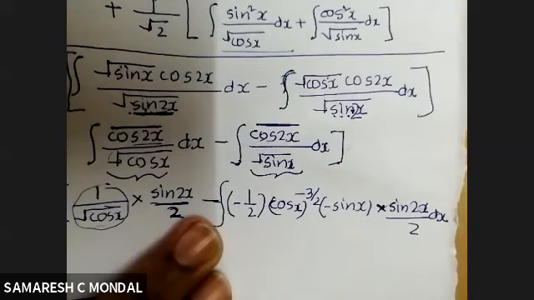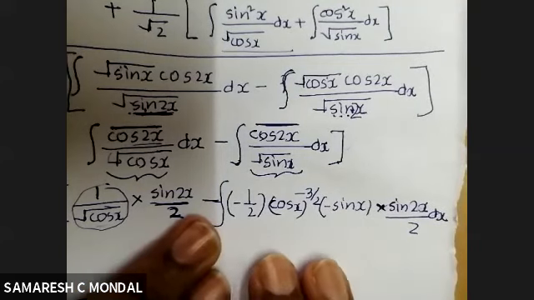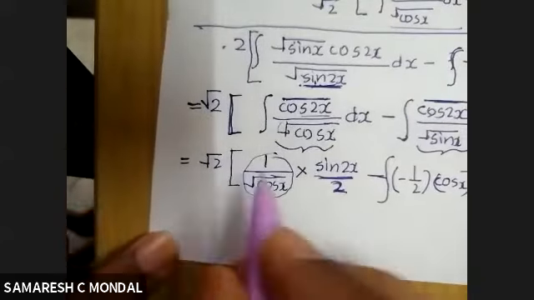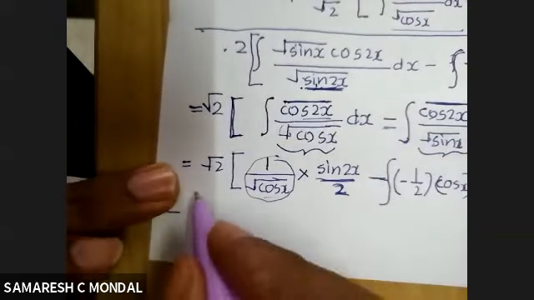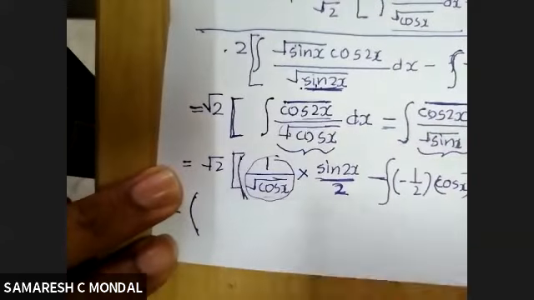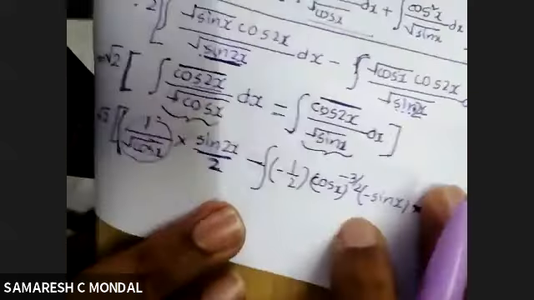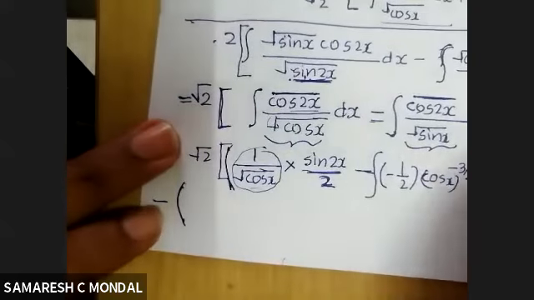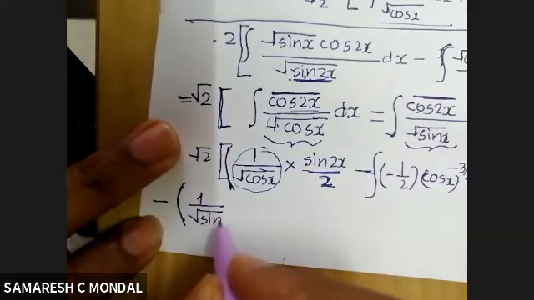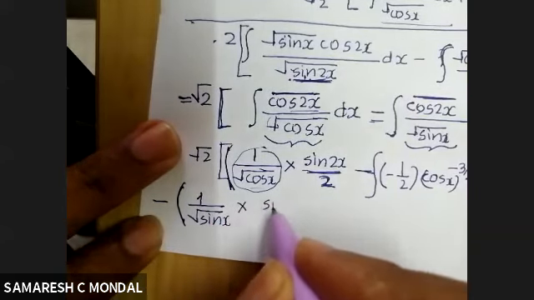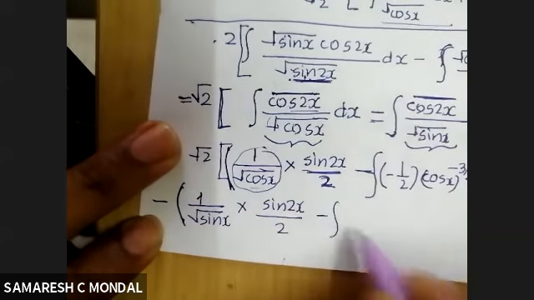Fine. So I'll write the second term and then simplify it and see what happens. Second term, I'll start from here. It is minus because minus is there. I'll put a bracket here, and a bracket over here at the end. Then comes 1 by root sin x into sin 2x by 2, minus an integration.